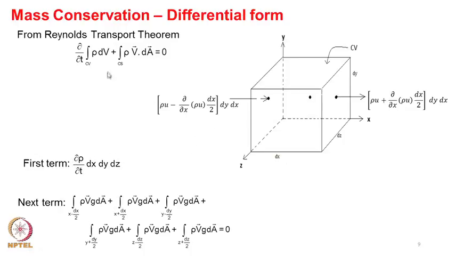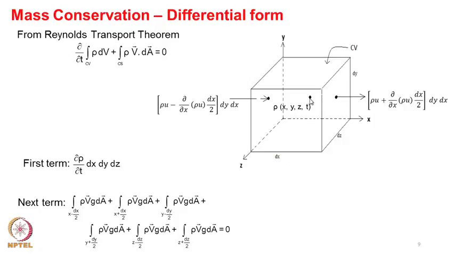Now, consider the second term in this equation. As I mentioned, if you consider rho at the center of this volume, x, y, z, then from the center if you go to the left in the x direction, it becomes minus dx by 2.